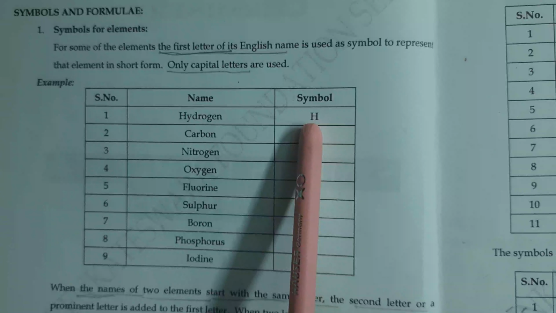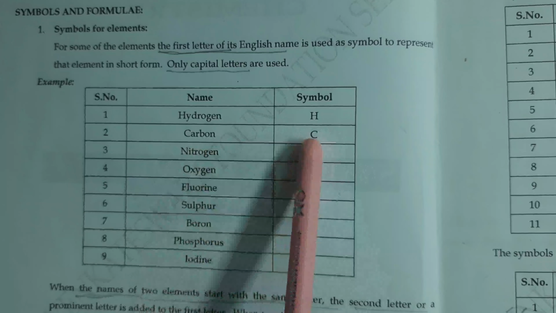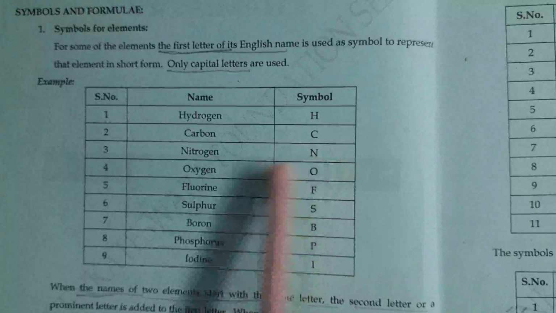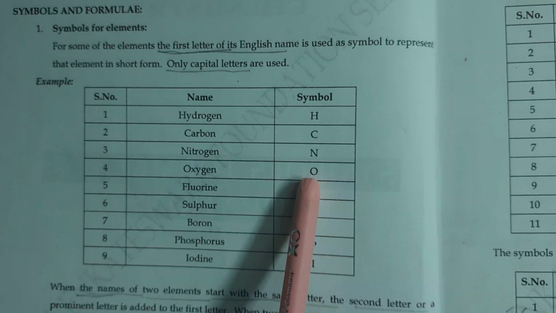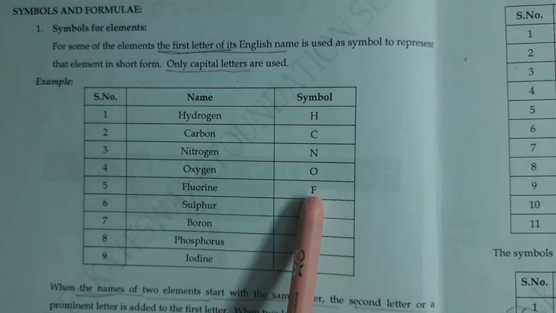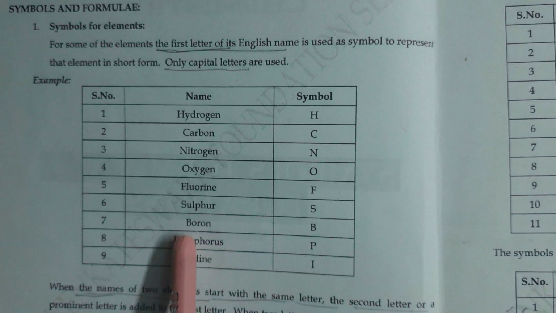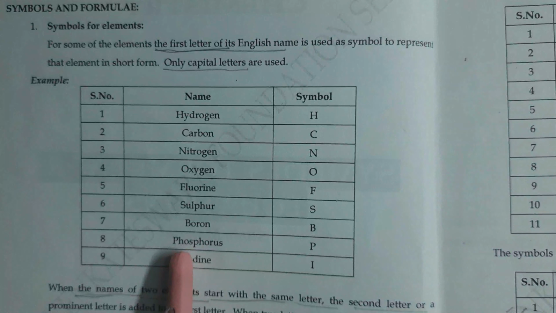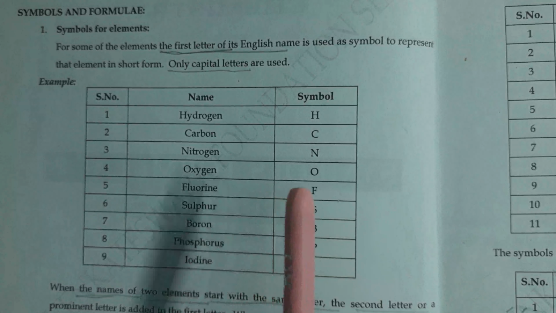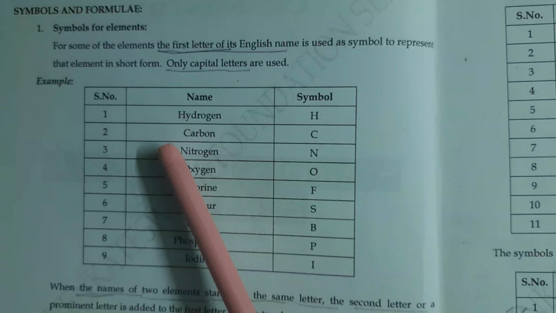Hydrogen symbol H. Carbon is one element, it is C. Nitrogen symbol is N. Oxygen symbol is O. Fluorine symbol is F. Sulfur symbol is S. Boron symbol B. Phosphorus symbol is P. Iodine symbol is I. Generally, you might have observed only capital letters of the starting letters.